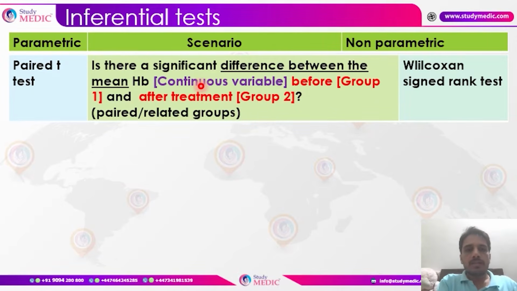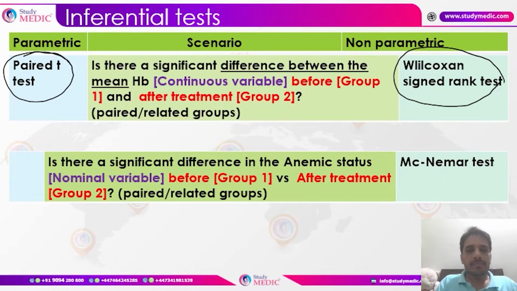When this continuous variable hemoglobin is normally distributed, and we want to find out if there is a significant difference between the means of the two related groups, then we use the paired t-test. If it is not normally distributed, the non-parametric equivalent is the Wilcoxon sign rank test.